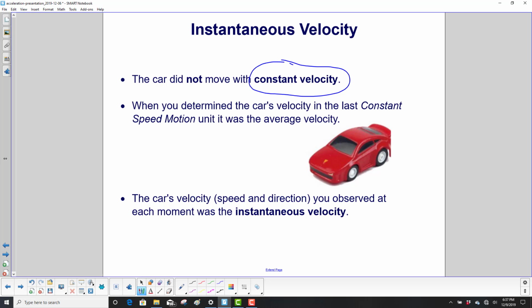When you determined the car's velocity in the last unit, it was the average velocity. The car's velocity, speed, and direction you observed at each moment was the instantaneous velocity. So two things. Average velocity is over a period of time. Instantaneous velocity is right at that split second that you saw it moving.